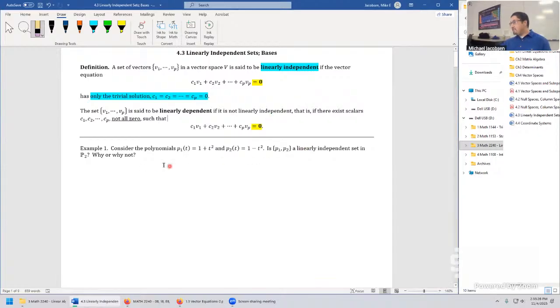And the best way to study this is something a little bit different. We're going to look into this for the vector space P2. That's the space of all polynomials having degree at most 2. So here's two random polynomials, 1 plus t squared, non-factorable with ordinary real numbers. This one does factor, 1 minus t squared, for P2. And we're wondering if this is linearly independent or linearly dependent.